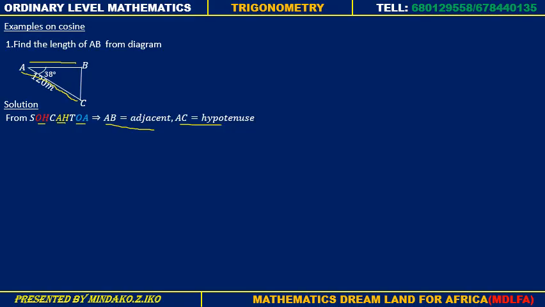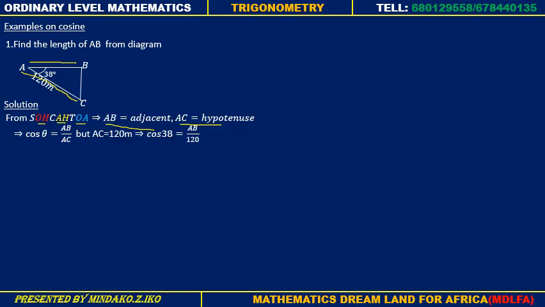So we're going to use cos because it's adjacent over the hypotenuse. Since I'm going to use cos, we have that cos theta equals AB over AC, since the adjacent is AB and the hypotenuse is AC. But we know that AC equals 120 meters.